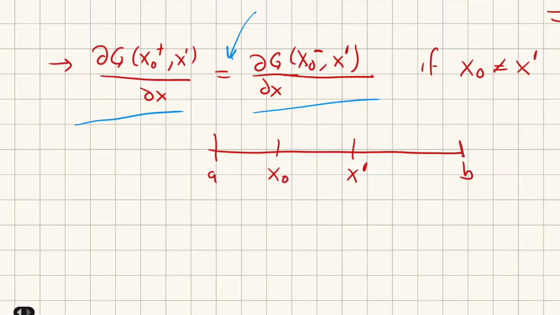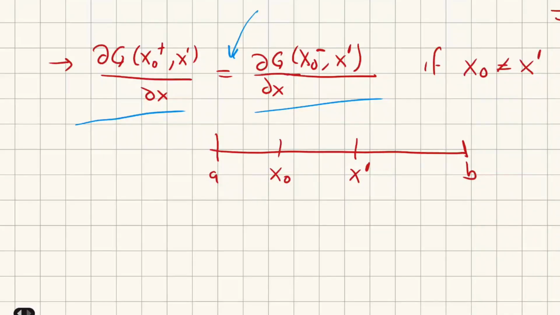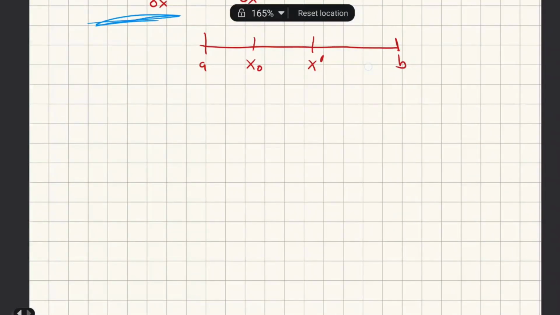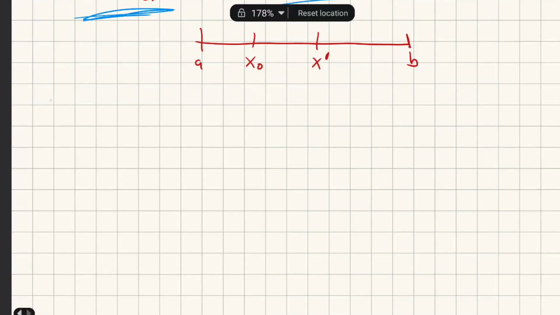Okay, but first, let me mention again: what this is telling us is that the derivative with respect to x of g is continuous on a comma b only if x0 is different from x prime. Okay, perfect. So now we are going to jump into the case when x0 is equal to x prime.